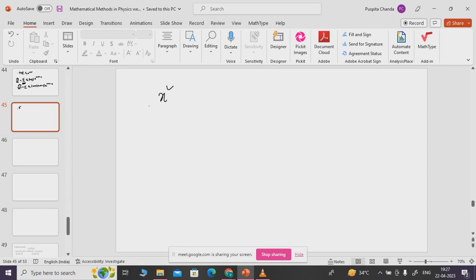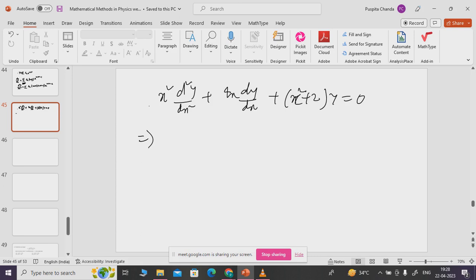So plugging these terms into the equation x square d2y dx square plus 4x dy dx plus (x square plus 2) y is equal to 0, we'll get, sum n is equal to 0 to infinity, I will write the whole part by multiplying x square into d2y dx2.